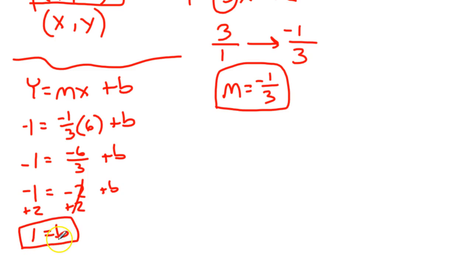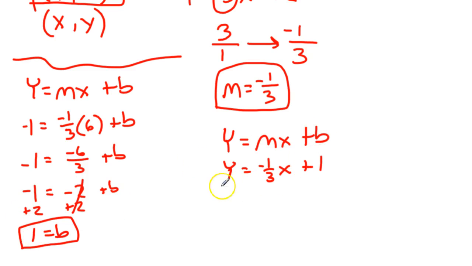So b equals 1. My slope is negative 1 over 3. I need to put it in this equation, y equals mx plus b. Again, I don't write the y, I don't write the x, but I put the m in. It's going to be negative 1 over 3 x. My b is 1, so plus 1.